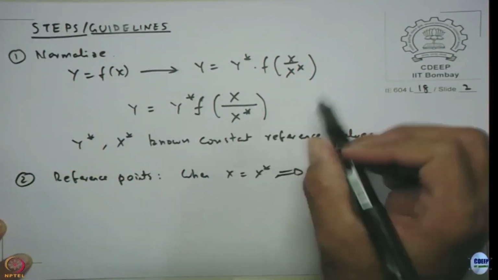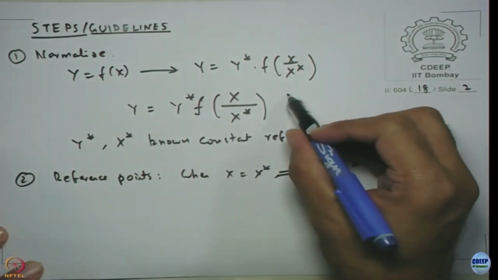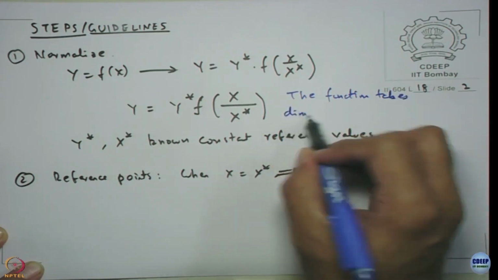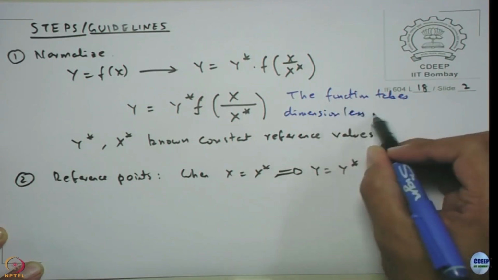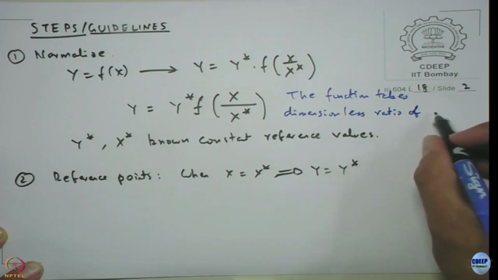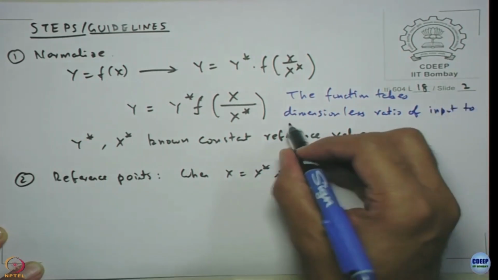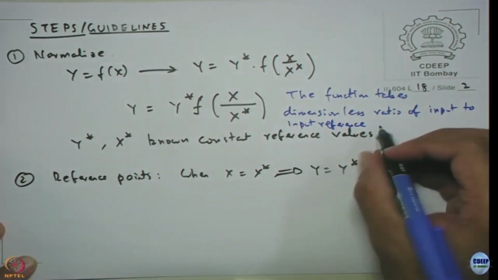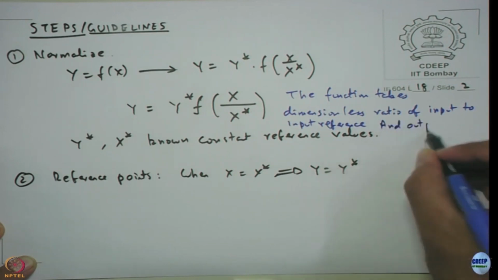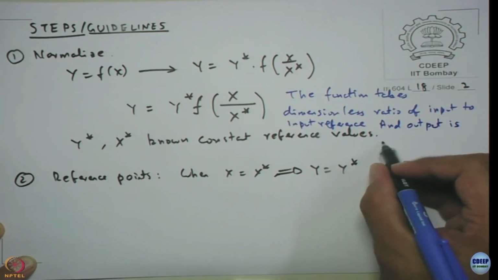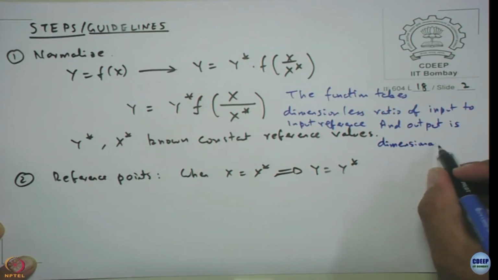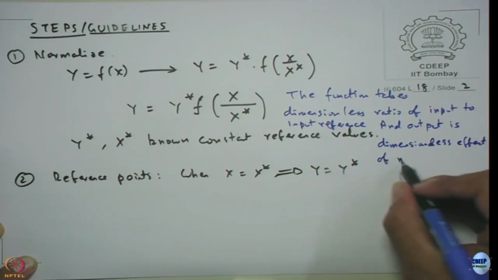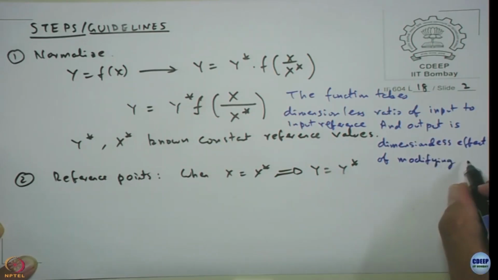But remember, the function takes the dimensionless ratio of input to input reference, and the output is the dimensionless effect of modifying your output reference y star.